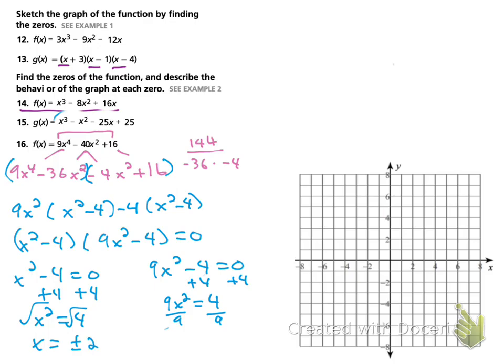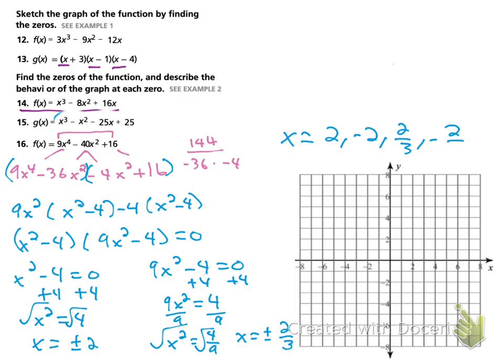Trying to go fast. That'll give me x squared equals 4/9, square root. We get x equals plus or minus 2/3. So the zeros would be 2, negative 2, 2/3, negative 2/3. So we got negative 2, negative 2/3, 2/3, and 2.